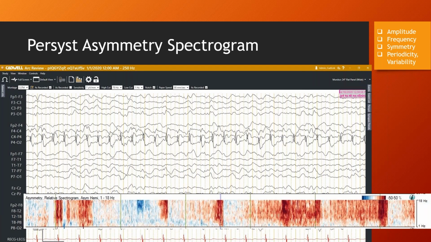So if we do have an asymmetry, we can use the asymmetry spectrogram to identify that asymmetry as well. And again, this is showing us that the asymmetry is much more prevalent on the right side, as indicated by the red color.